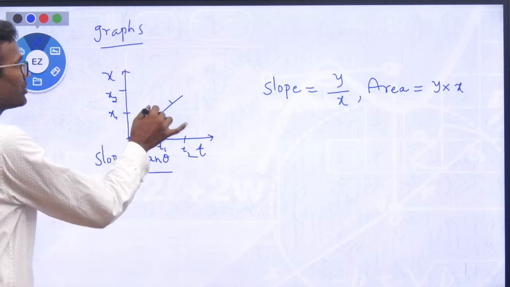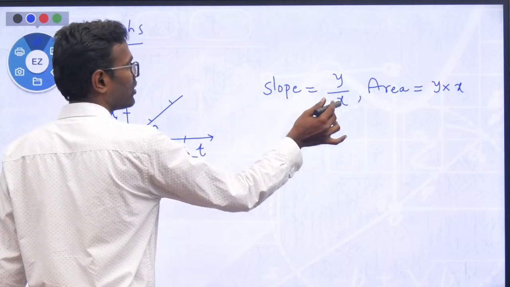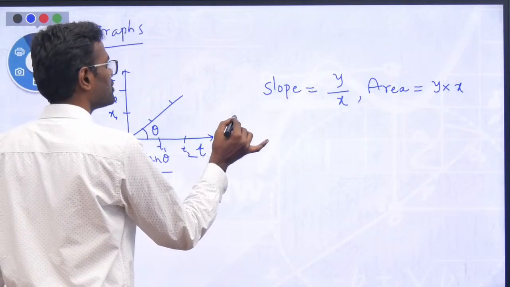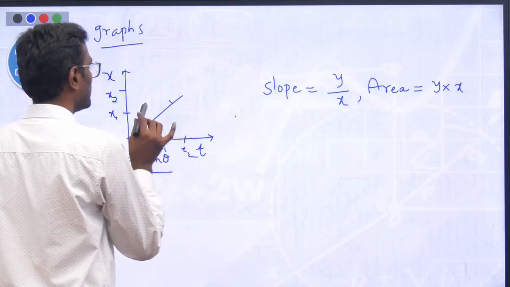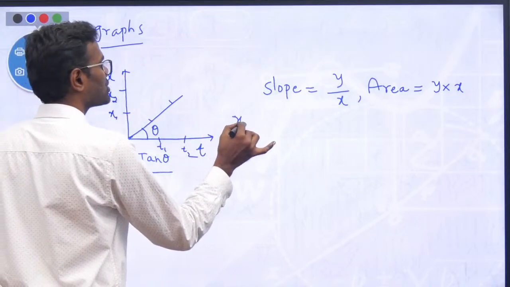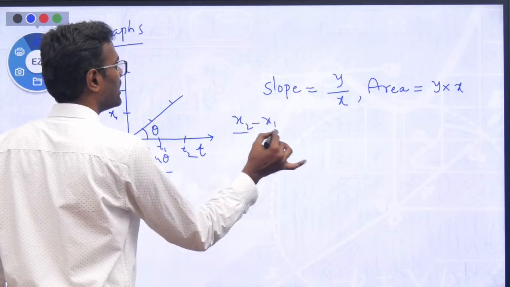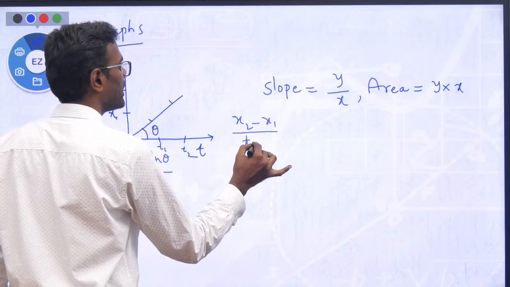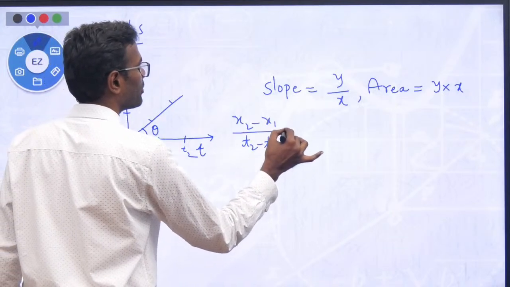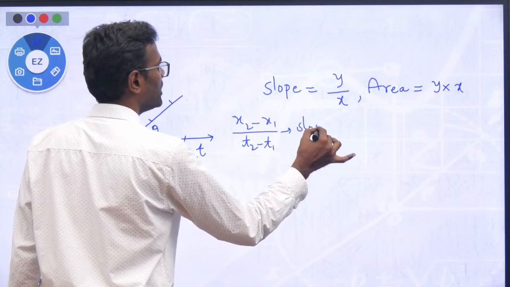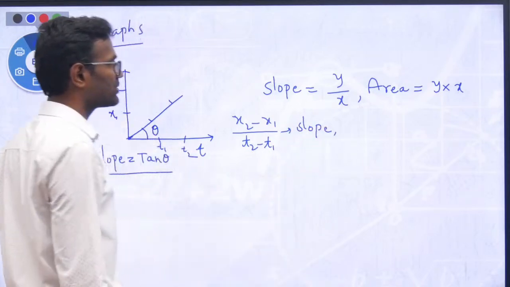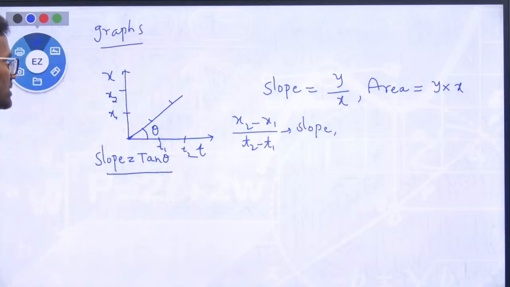Take the slope using this formula, change in y coordinate by change in x coordinate. So we should write x2 minus x1 divided by t2 minus t1. This is the slope.